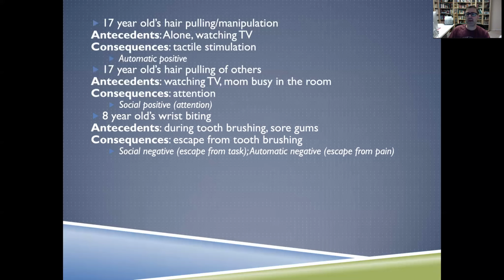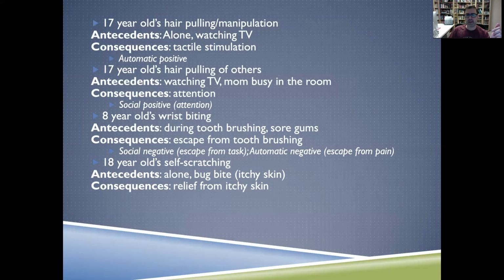So again, in this case, we'll probably have to not let the child escape from the task, but of course we would not want the pain to stay in there. So we will probably have to treat the child's gums, which will be some sort of antecedent manipulation in this case.